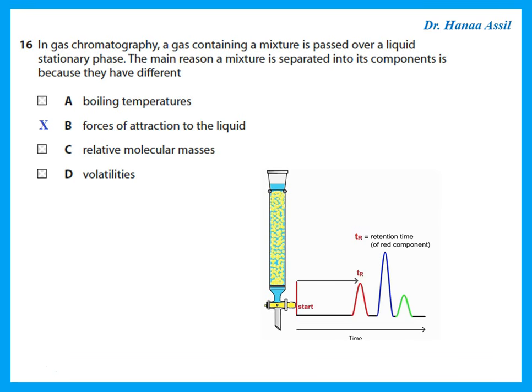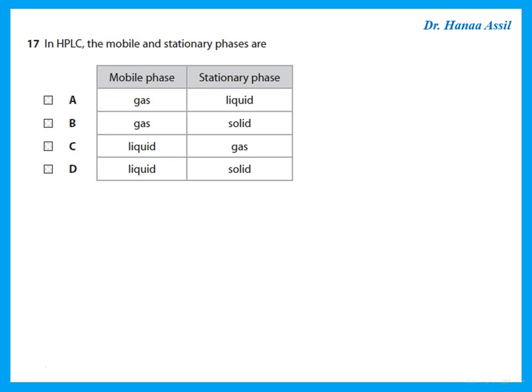So the one that is attracted more to the liquid will go down quickly through the column and will have less retention time. The one that is not attracted to the solvent will go down slowly and will have longer retention time. So they are separated based on forces of attraction to the liquid, not the other choices.